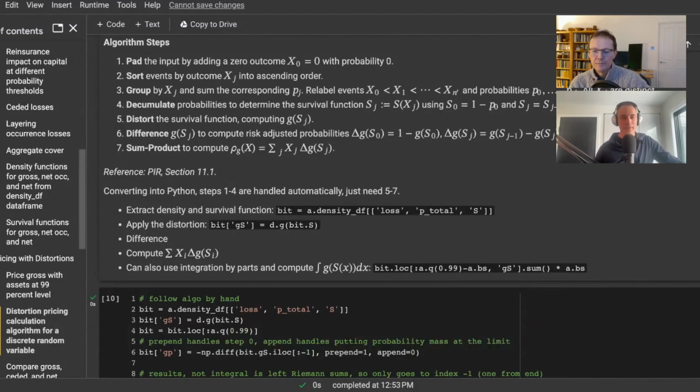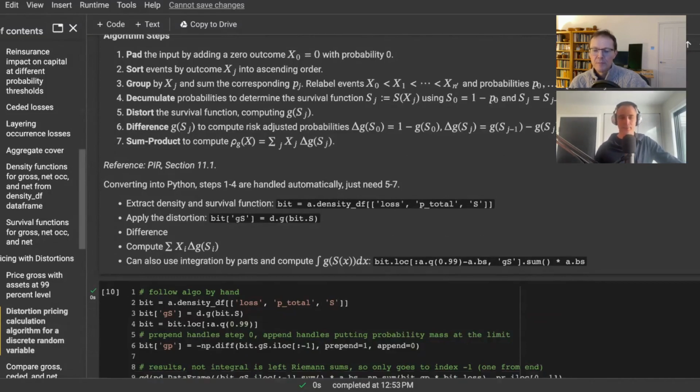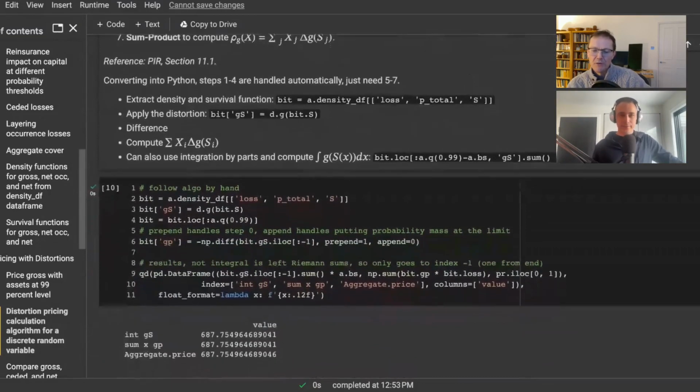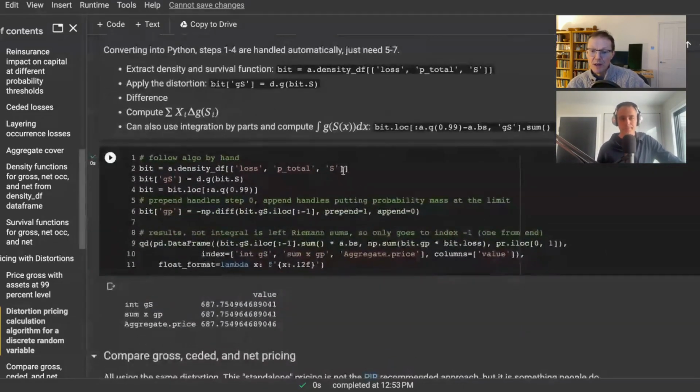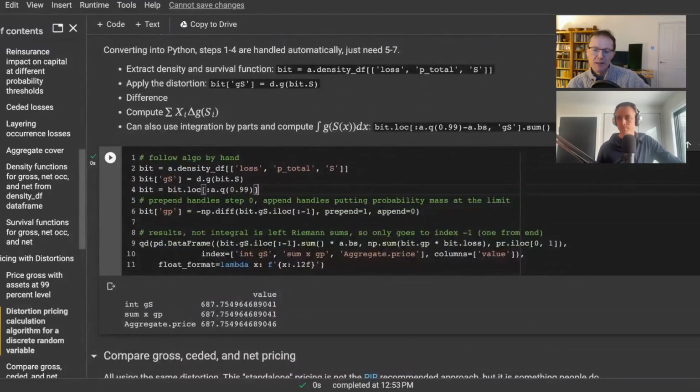That might not matter so much for the wheeler-dealer reinsurance pricing actuary, but it matters for more complex things later on when you want to allocate capital, and there are consequences to these technical shortcuts. This is a nice way of getting a set of probabilities that is consistent. It'll have nice properties. It'll be sub-additive. You won't be able to create weird arbitrages by combining different pieces of different layers. So it's a solid set of probabilities.